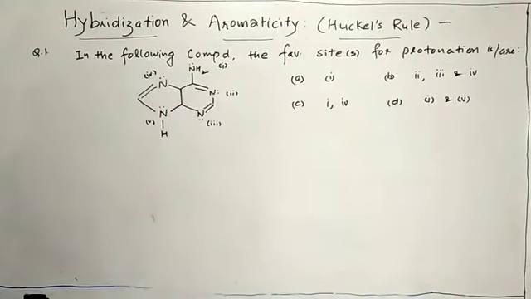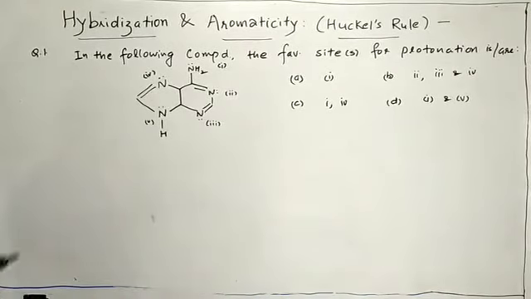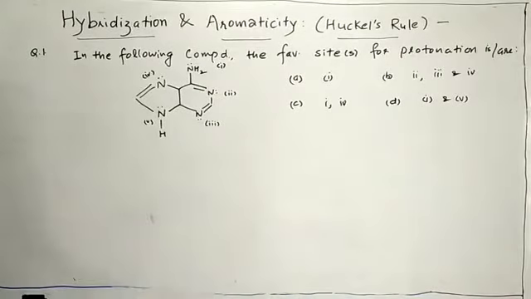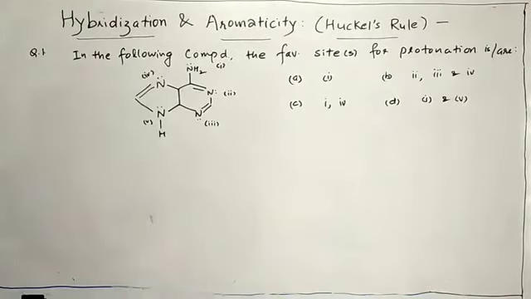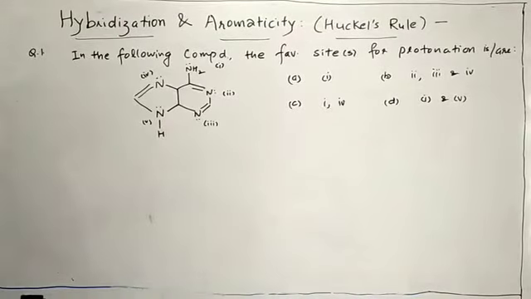In this question there are 5 nitrogen atoms, and we have to find which nitrogen undergoes protonation easily. Favorable site for protonation. By using aromaticity you will see, one by one, on which nitrogen atom the lone pair of electrons is easily available for protonation.